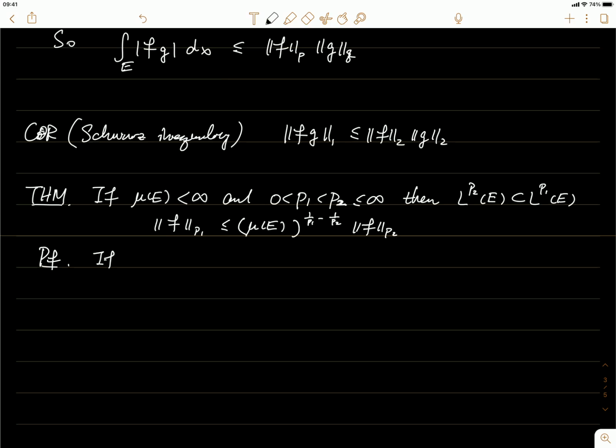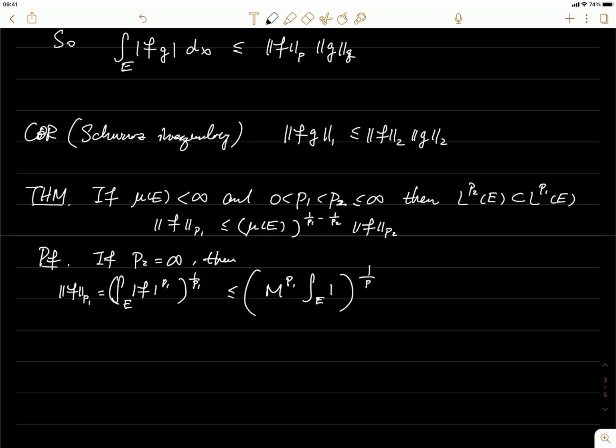If P2 is infinity, then apparently the P1 norm of F is just this, to the power 1 over P1, and this must be less than or equal to the essential supremum of F, which is, let's call it M. So this will be less than or equal to M to the power P1 and integral over E of 1, to the power 1 over P1.